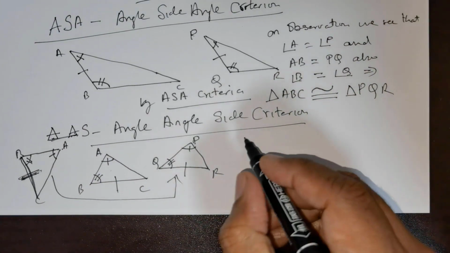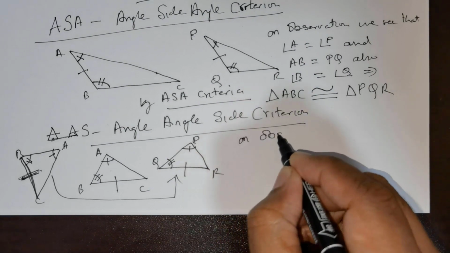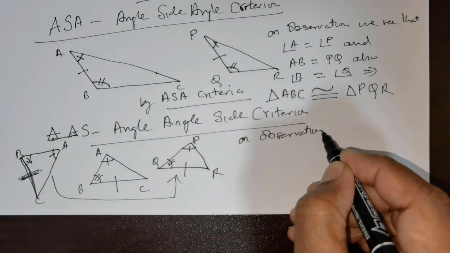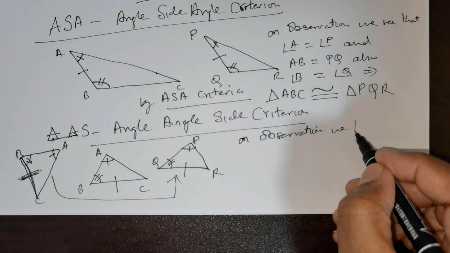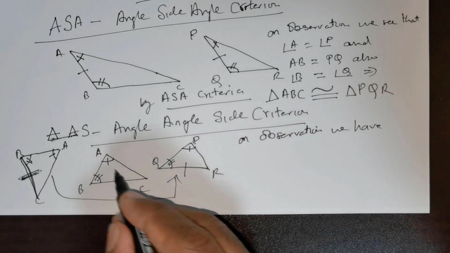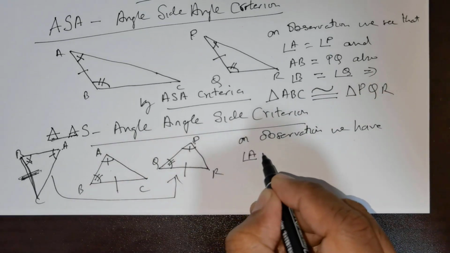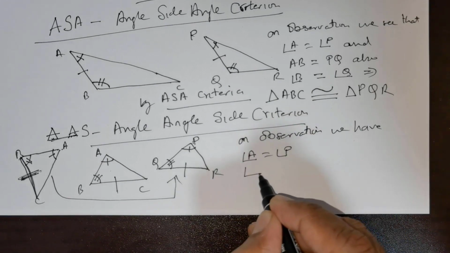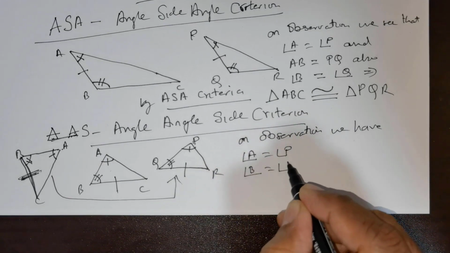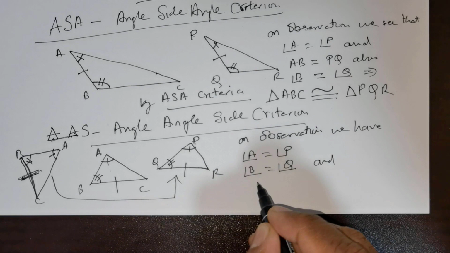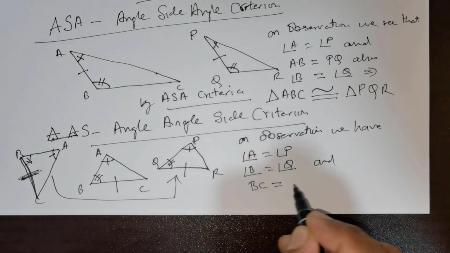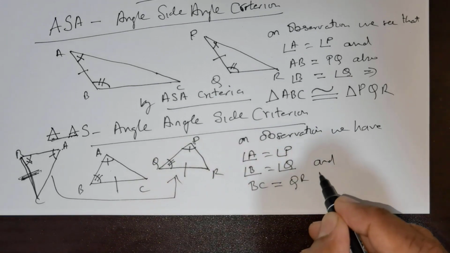So in this case, on observation, you can state it like this. On observation, we have, so what do we have? Angle A is equal to angle P, angle B is equal to angle Q, and BC is equal to QR.